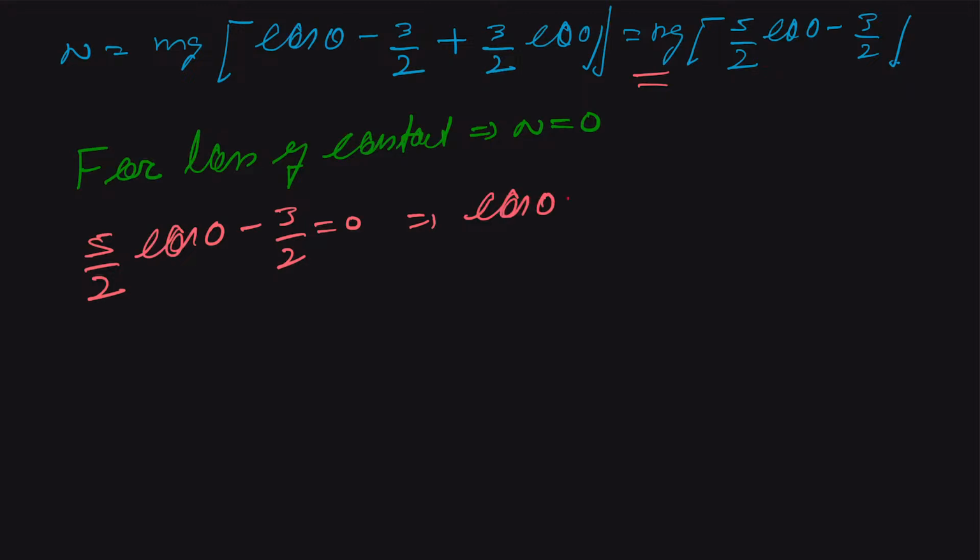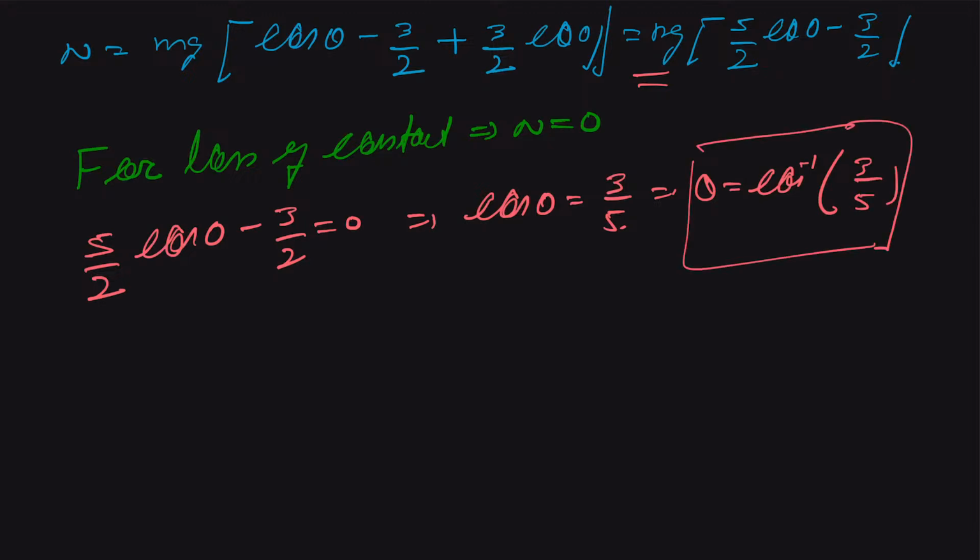So from here we get that cos of theta is equal to 3/5. So theta is equal to cos inverse 3/5. This is the value of theta when the friction is negligible.